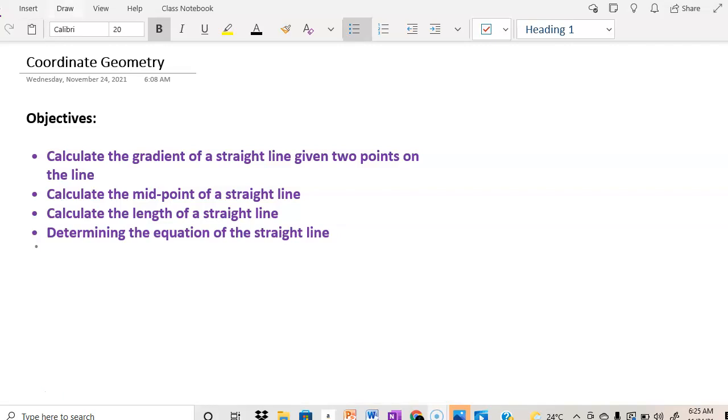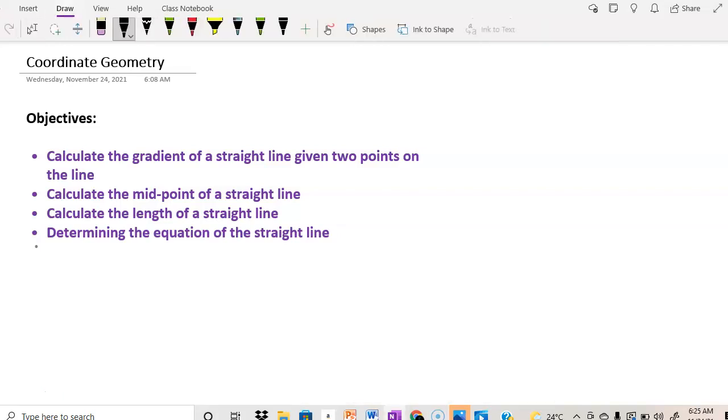Now, our gradient is also referred to as the rate of change or the slope of the line. A gradient can be found by simply using the formula m is equal to y2 minus y1 over x2 minus x1.